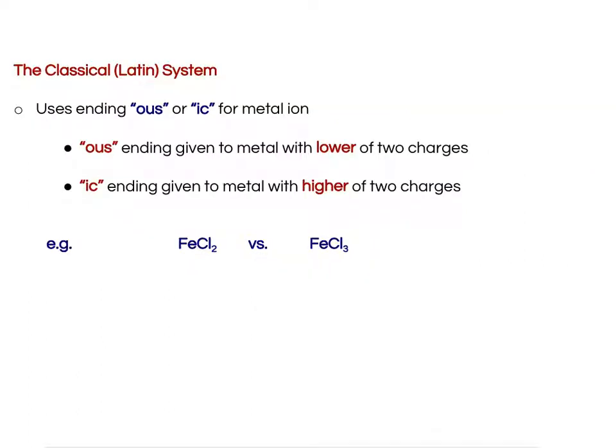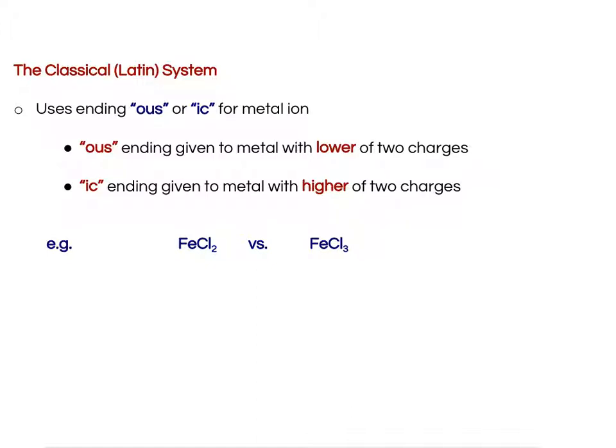So the second method that is used, and you may be saying, well, why do we need to have two methods? Well, likely the classical method came out first. And it's great because it allows you to deal with situations where you have only two possible charges on a metal. So the metal that has the lower of the two charges would get the OUS ending, and the metal with the higher of its two possible charges would get the IC ending.